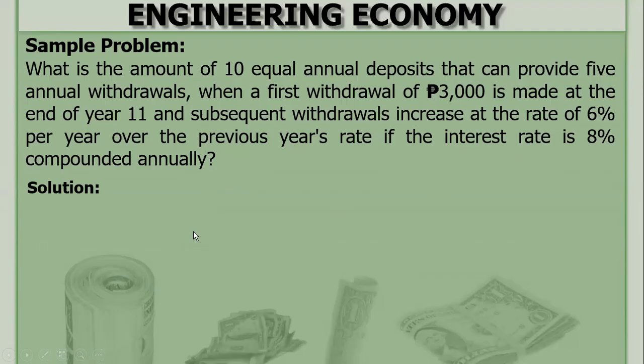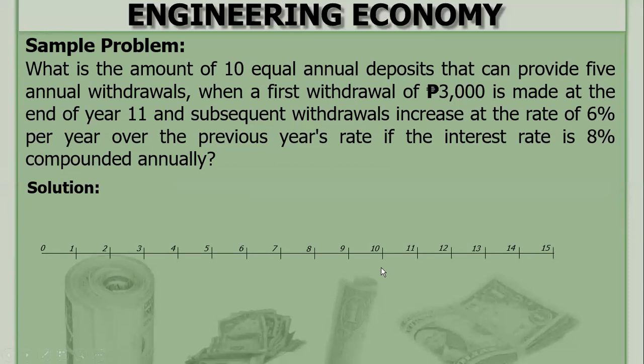So, if you plot the cash flow, what is the amount of 10 equal annual deposits? You deposit equal amounts for 10 years so that on the 11th year, you can withdraw 3,000. And in the succeeding years, the withdrawal increases by 6%. So the cash flow is this.